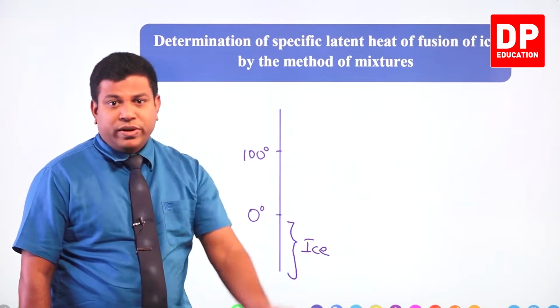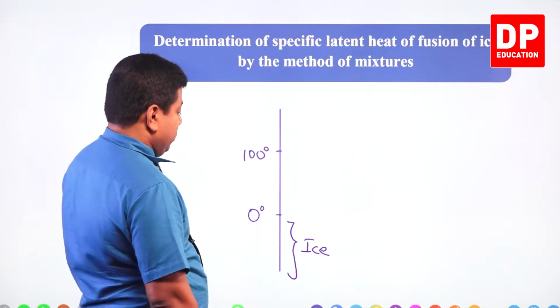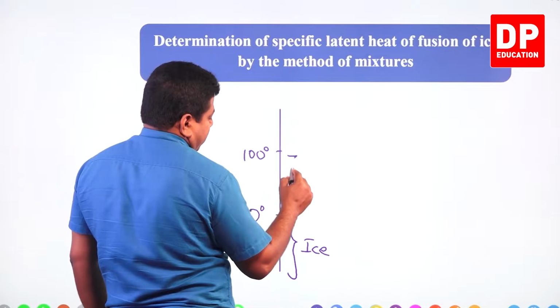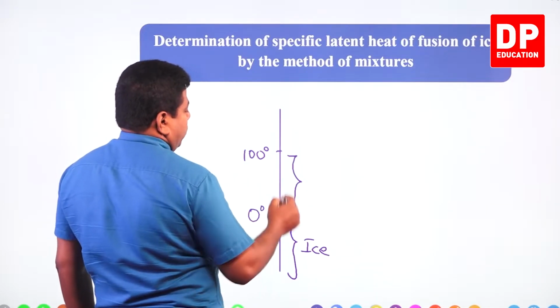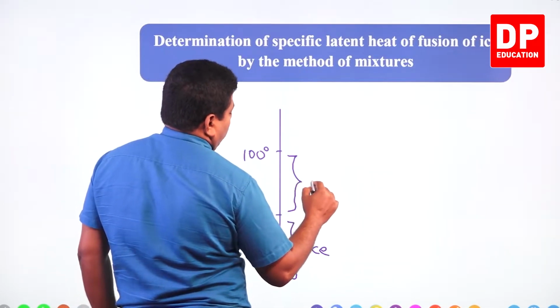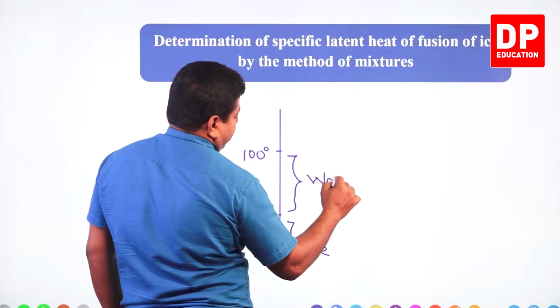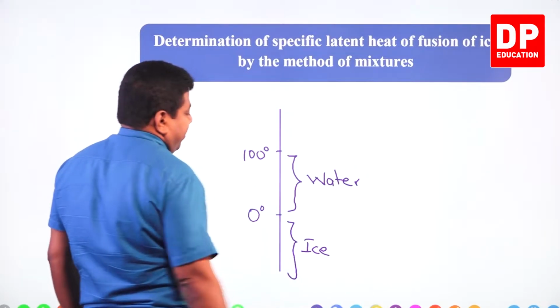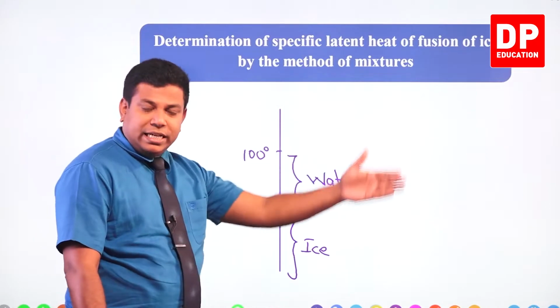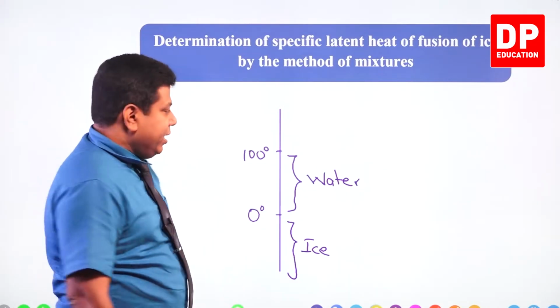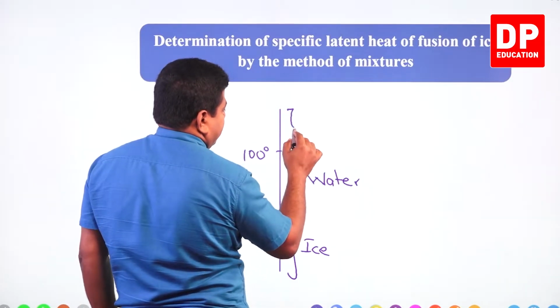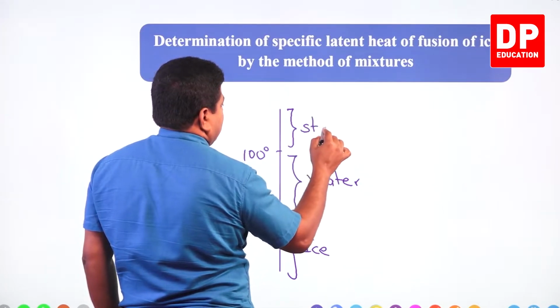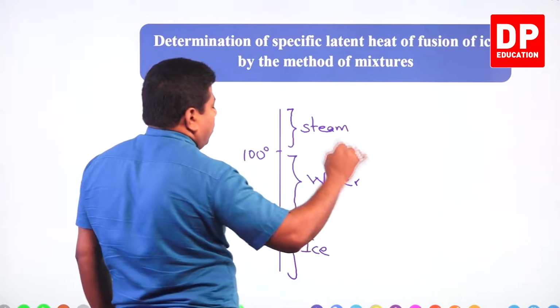Under normal atmospheric pressure, below 0 degree, it's ice. 0 to 100, it's water, the liquid state. Solid state, liquid state. Above 100, it becomes steam. We all know that.